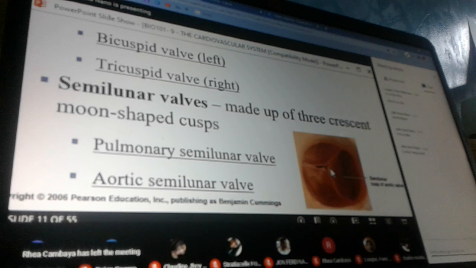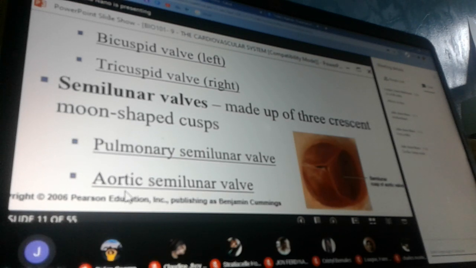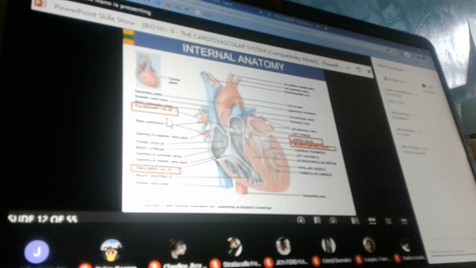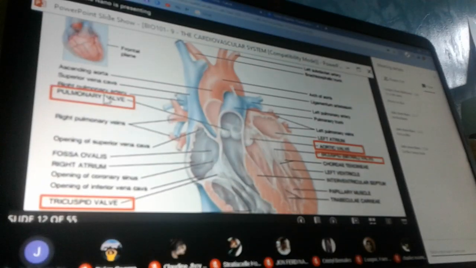Parang siyang cup. Okay? So, yung semilunar valves natin, meron tayong dalawa. We have the pulmonary semilunar valve as well as the aortic semilunar valve. So, saan ba siya? Ito yun. Yung ating pulmonary valve. Okay? Pulmonary valve as well as yung ating aortic valve.